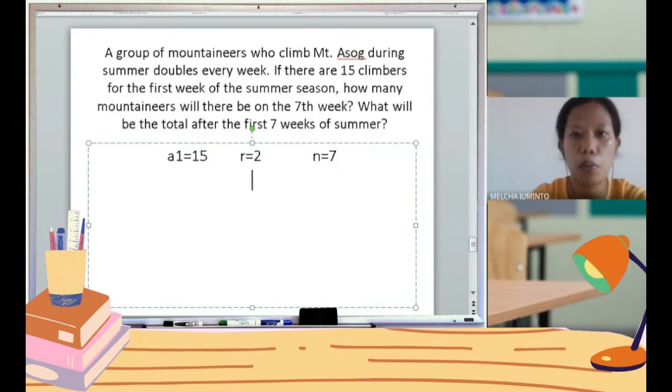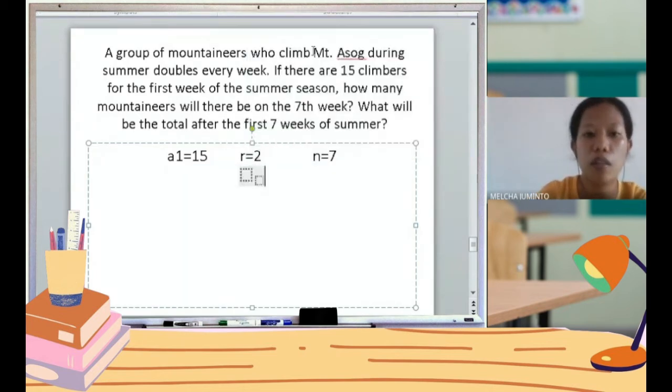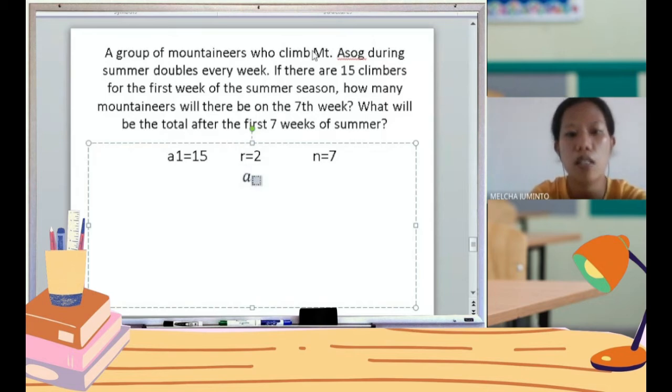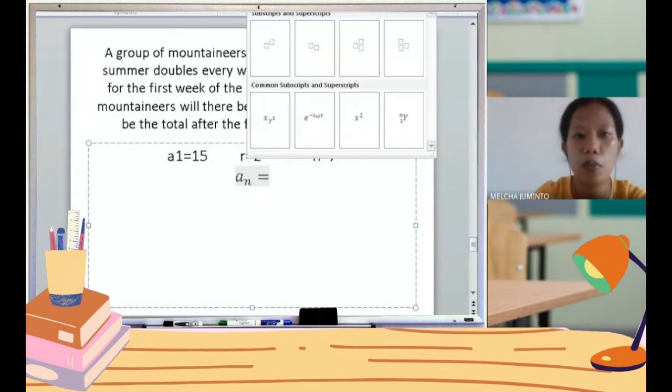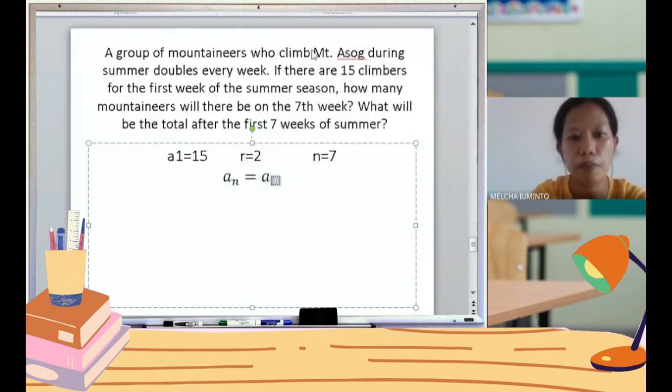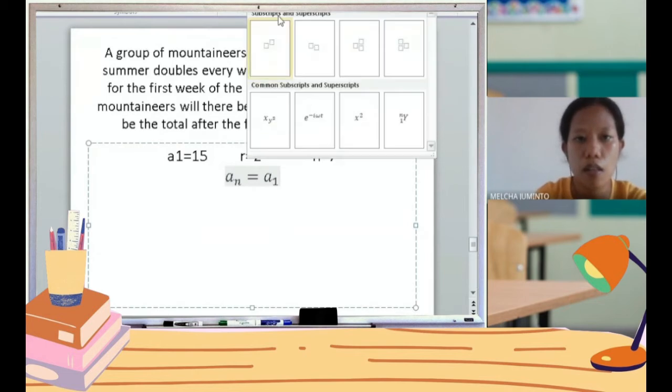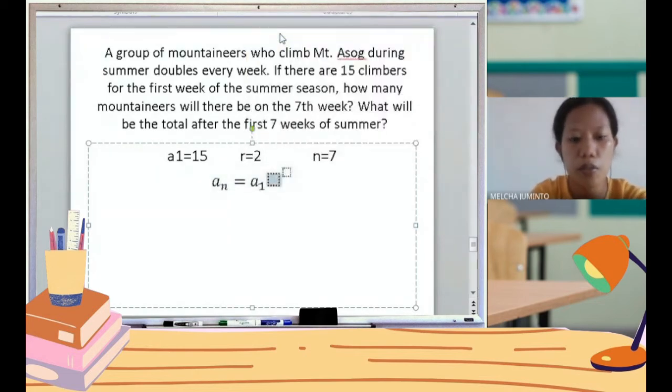We need now to use the formula for geometric sequence, which is a sub n is equal to the first term times the common ratio r raised to n minus 1. So that is the formula for geometric sequence.